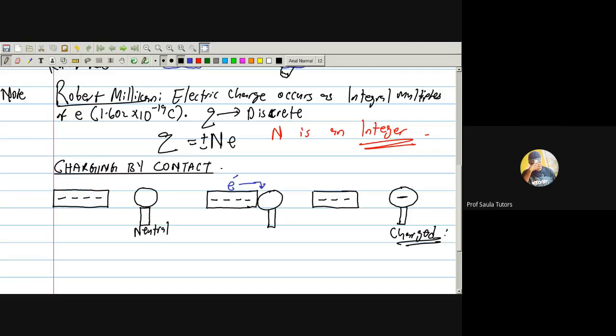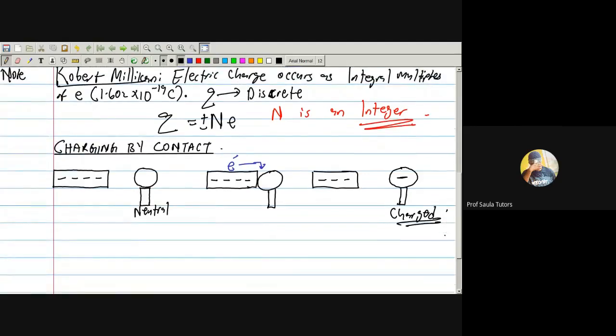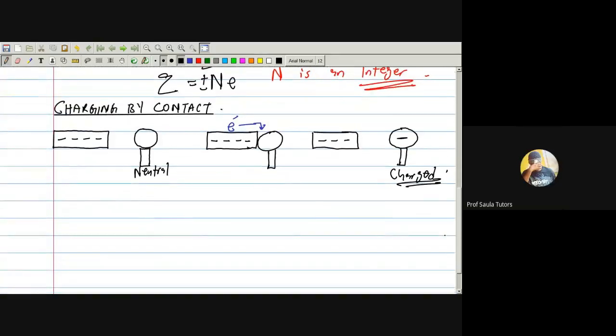Is it possible for me to charge an object without bringing them in contact with each other? Is that possible? Then that will lead us to what we call charging by induction.